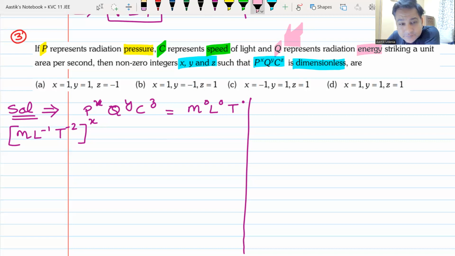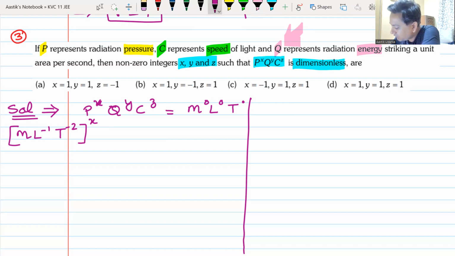L T minus 1. What? M? Yes, yes. Tell me what is M? L T minus 1. M L T minus 1. How did you get M L T minus 1? L T minus 1, sir. Okay, C is L T minus 1. Okay, I was asking about Q.